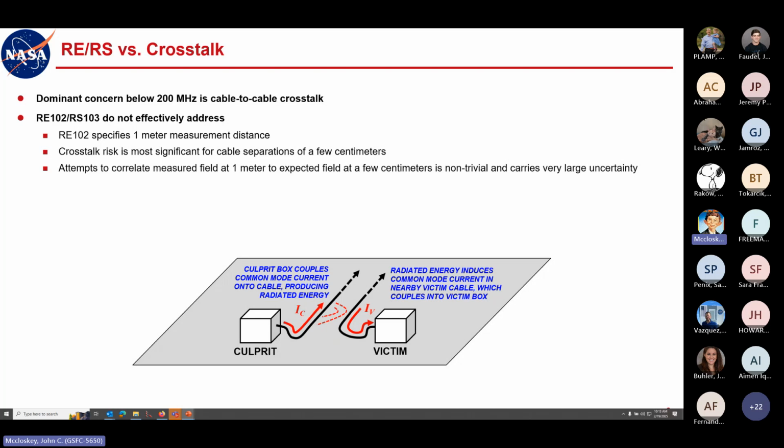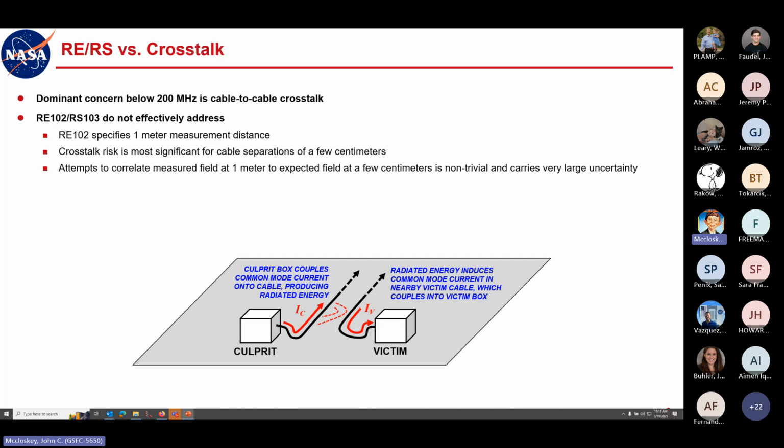I have those in other sessions, but the equations for a Hertzian dipole are already very complicated, literally complex. They are complex numbers with a combination of 1 over r, 1 over r squared, 1 over r cubed terms, assuming you're dealing with a point source. So when you're 1 or 2 centimeters away from a cable that's a meter long, can you assume that's a point source?